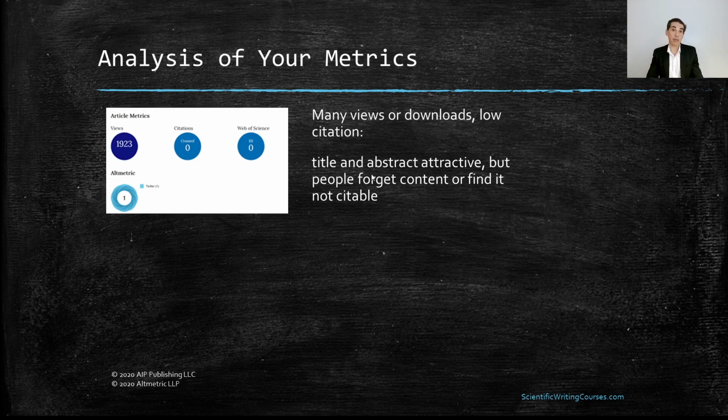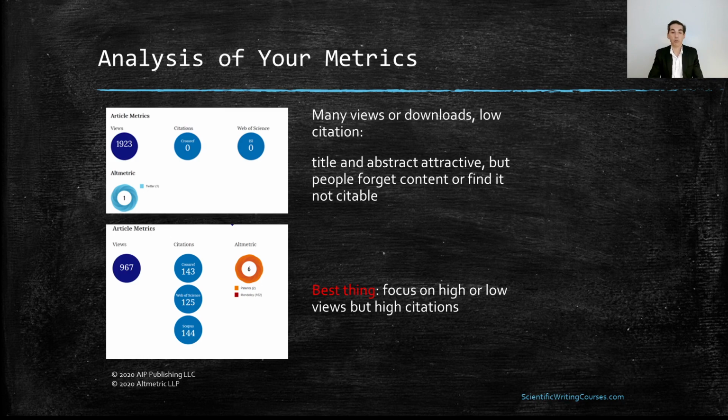So the idea here is maybe the title and the abstract are attractive for the reader. So people just see the title and the abstract and say, I'm going to read this. But then the content inside is not that attractive for people to remember and then cite the article. So that can make you think that probably the content is not that important or attractive to other people.